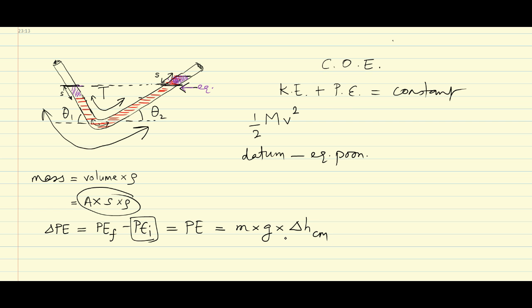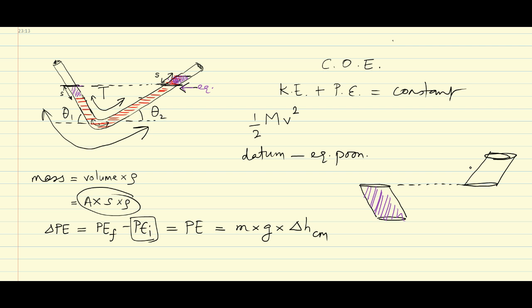Now to find delta HCM, I'll draw a slightly enlarged version of a part of the diagram. See, this is the liquid which is shaded in purple in the original diagram, so I'll shade it in purple in this diagram also, and that's transferred to the right hand side above this level, and it appears to be something like that.